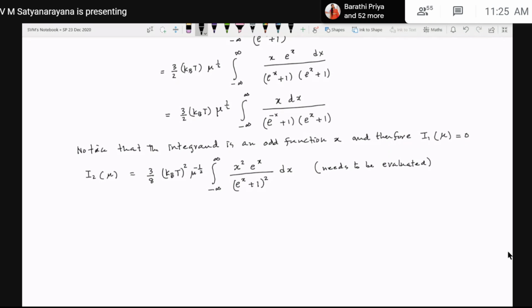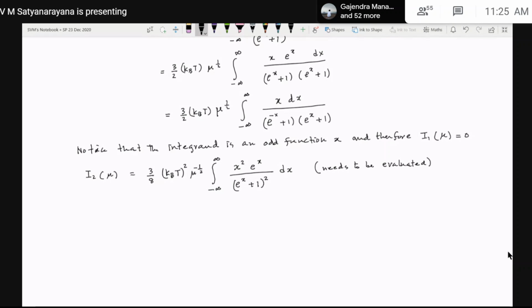In order to evaluate this one, maybe we can consider a slightly more general integral.